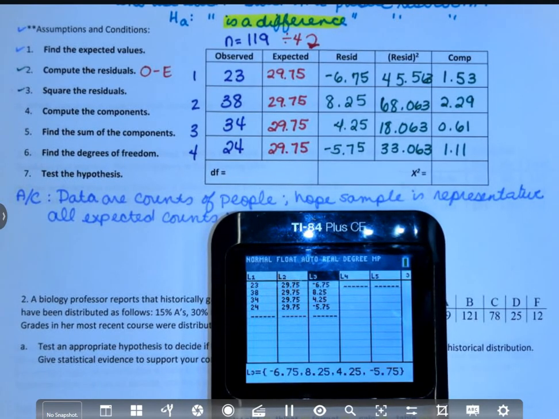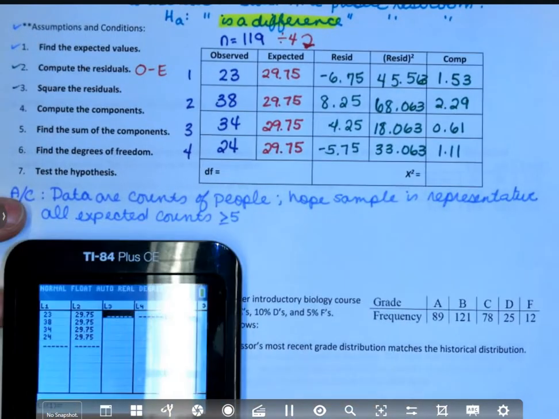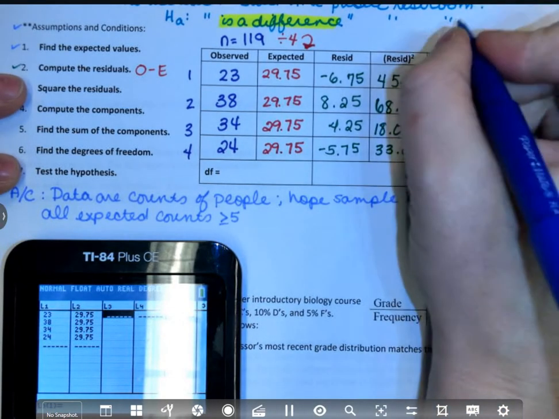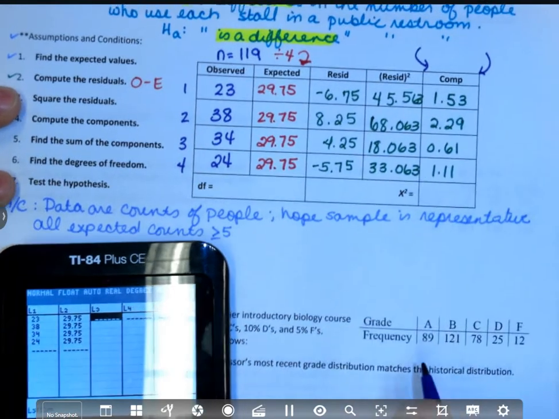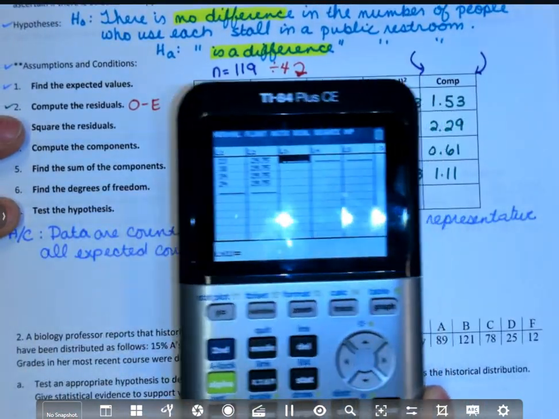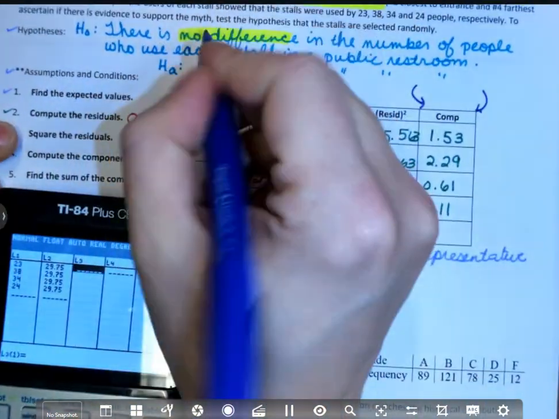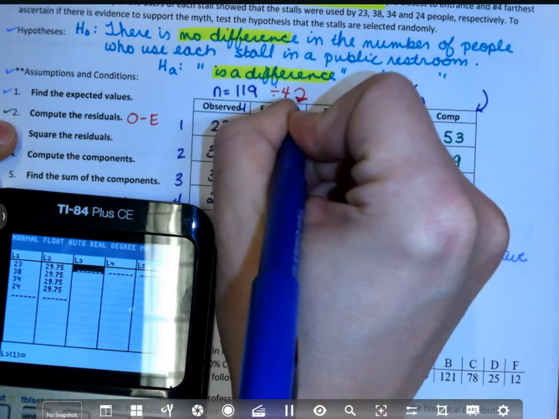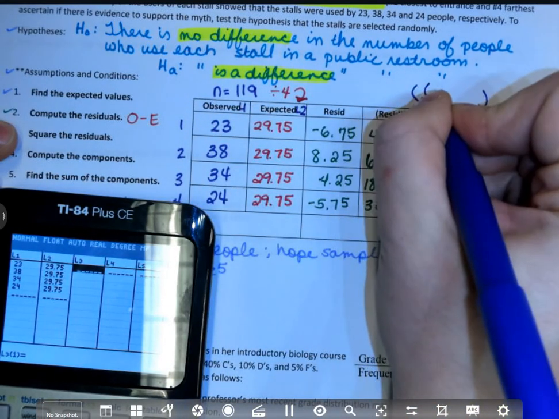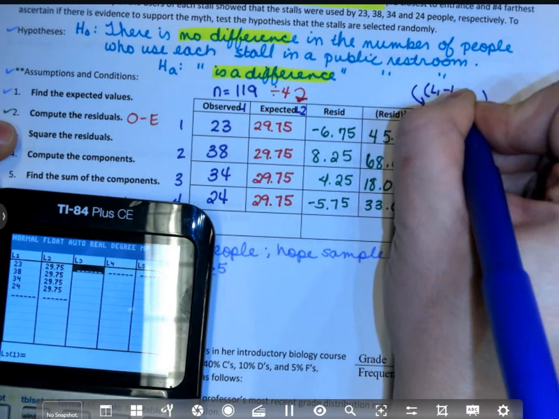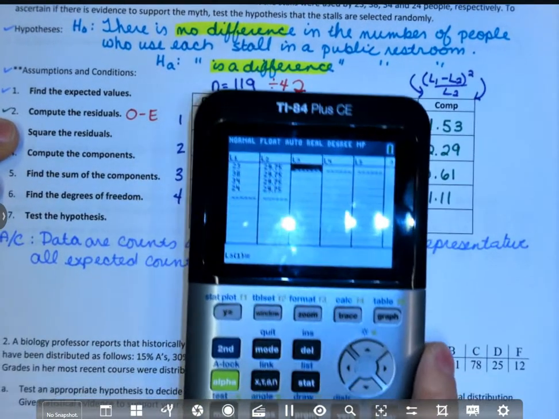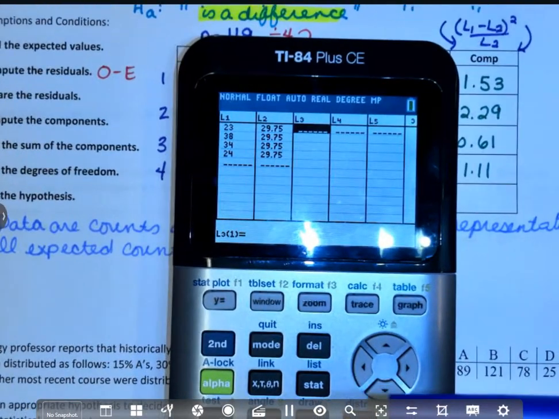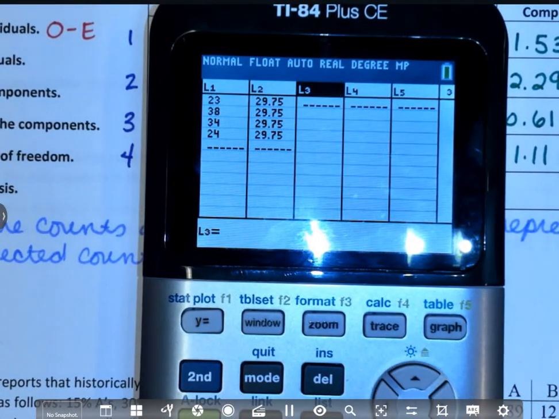Now, in all honesty, when I do this, I really only look at this guy. And so I want to do that with the least amount of work possible. So if this is my list 1, this is my list 2, and here I literally put list 1 minus list 2 squared over list 2. So watch what I do in my calculator. I arrow up to list 3.